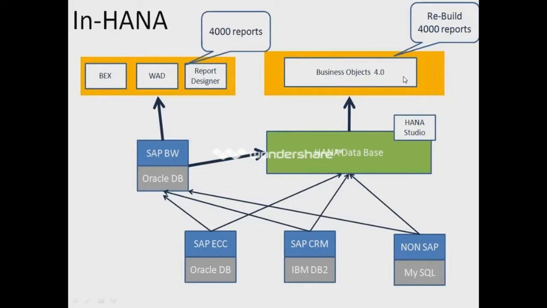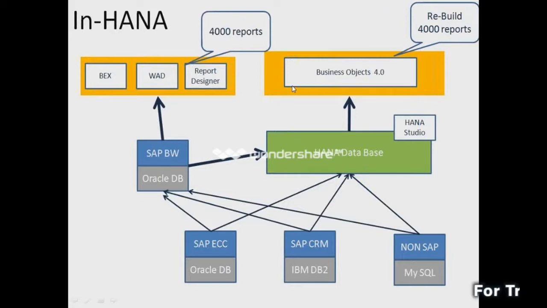We can directly mount all the existing systems on top of HANA, and we can design everything in HANA Studio, and directly report on top of HANA using the Business Objects tools. Or we can also use tools like this.